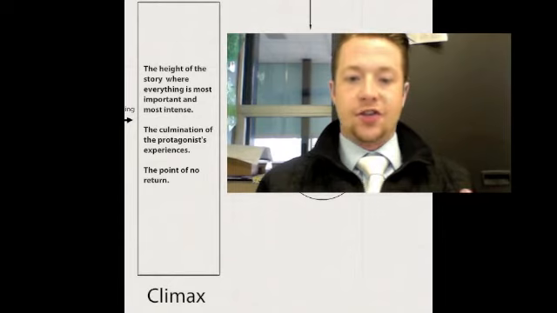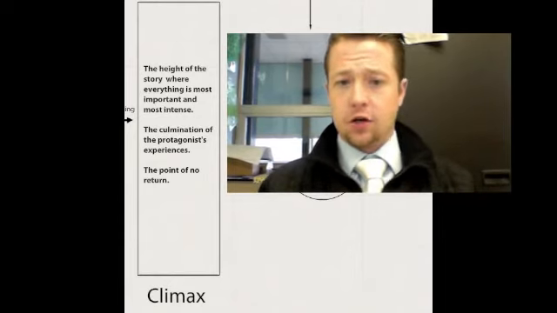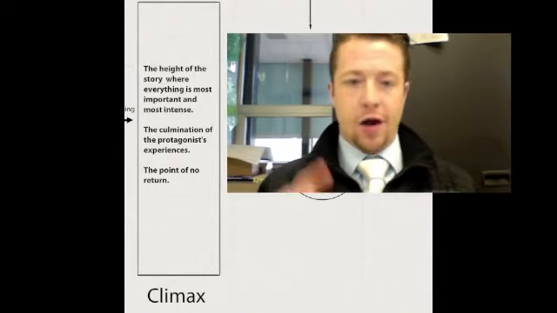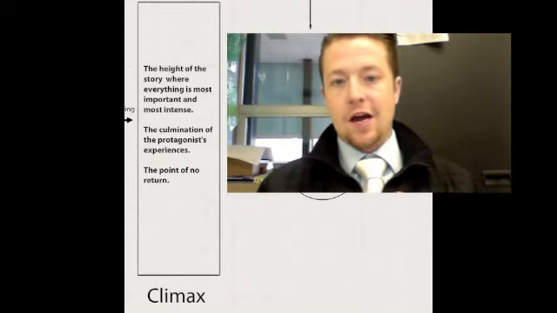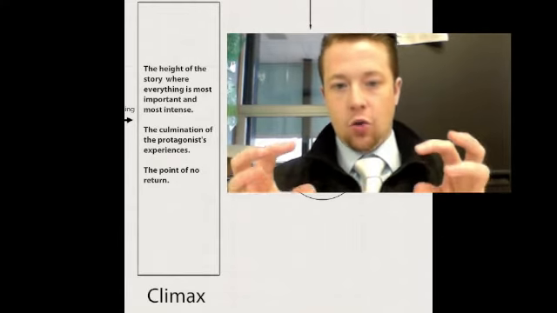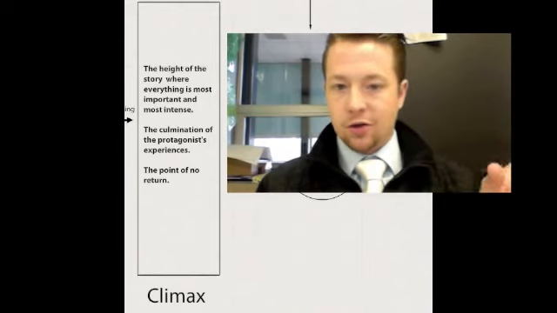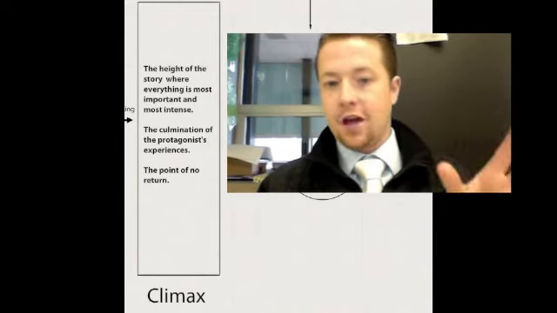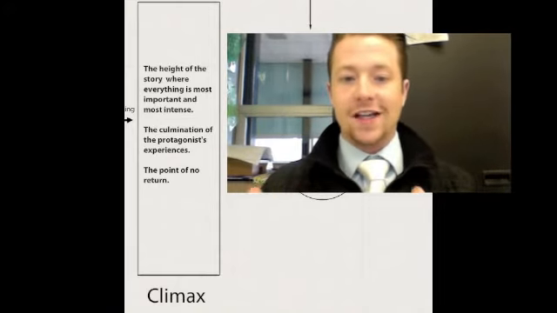The major obstacle is the big thing that forces the character to consider themselves and to make a decision about what they need to do. The climax is actually what they end up doing. The major obstacle deals with what they face. The climax of the story is the moment they actually face it.